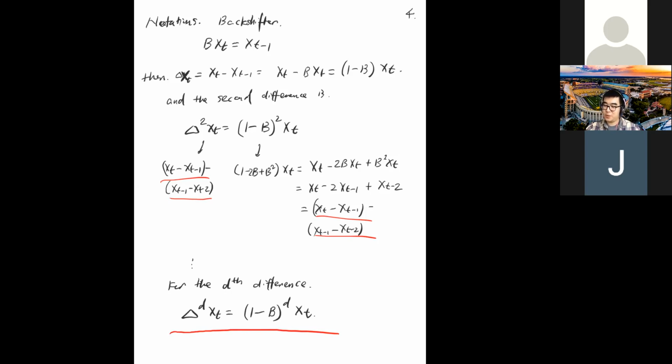You see that if we choose d equal to 1, we go back to the first difference, and if d is equal to 2, we go back to the second difference. So by using this notation, let me introduce the formal definition of the ARIMA model.